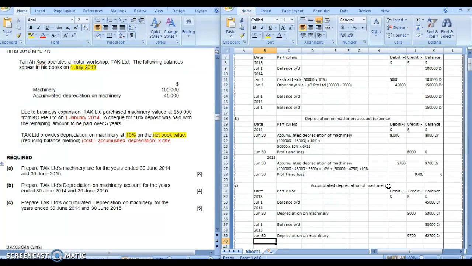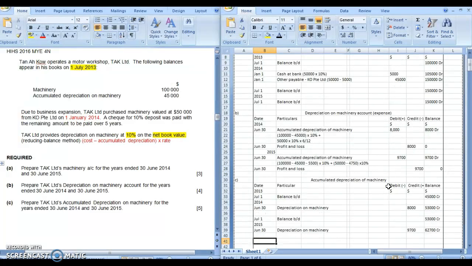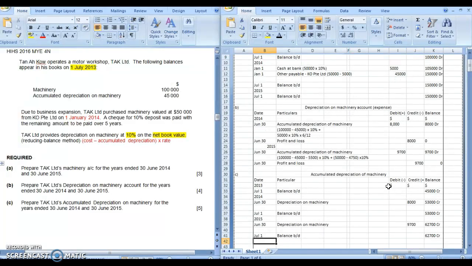So remember to do your balance brought down. So you leave a line, write July 1st, balance brought down, 62,700 credit. So this is how you prepare the accumulated depreciation account. So questions will generally ask you one of these three accounts, and accumulated depreciation will be the most likely account that it will test you on.